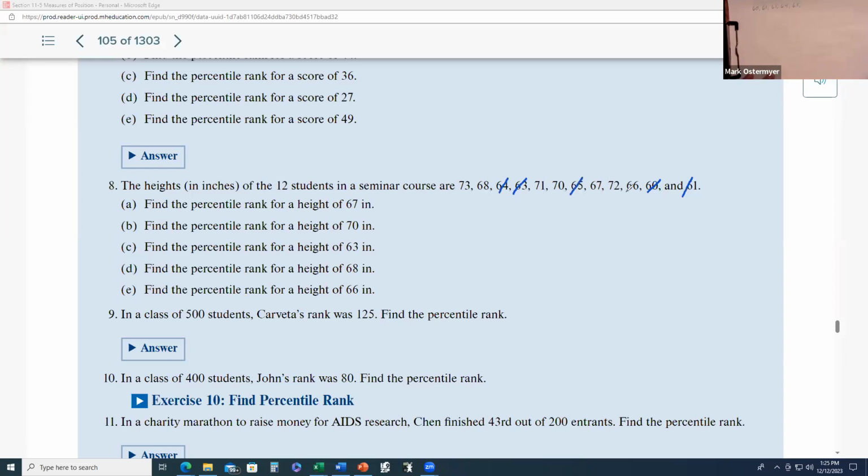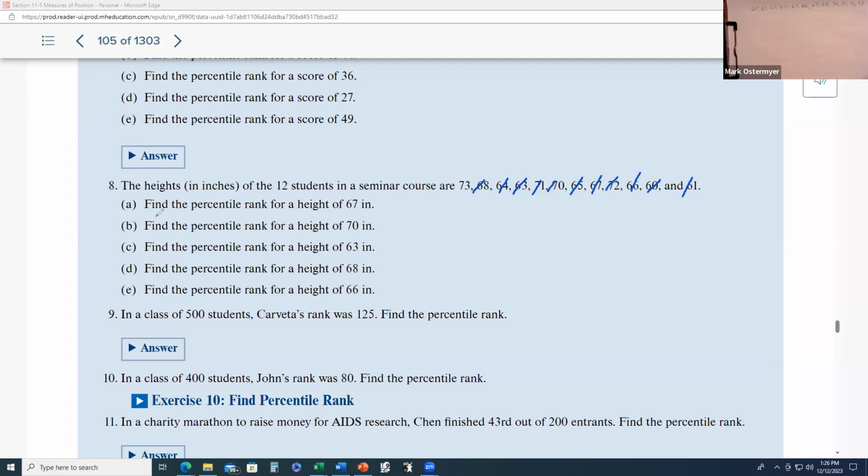And do I have a 66? Yes, we do. 67, 68, 70, 71, 72, and we do have a 73. So it really wasn't that much of a hassle to order this data.